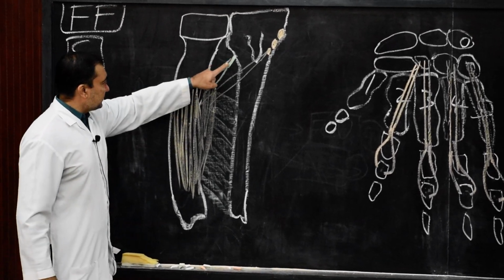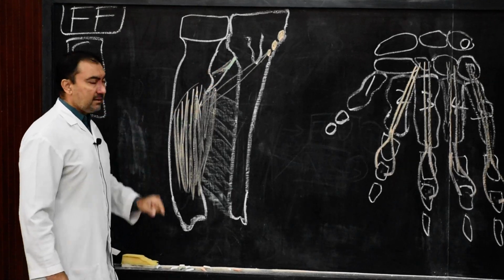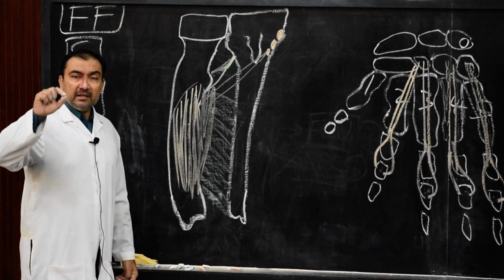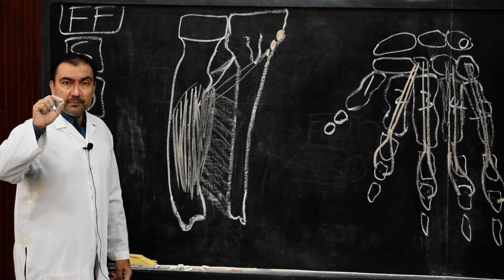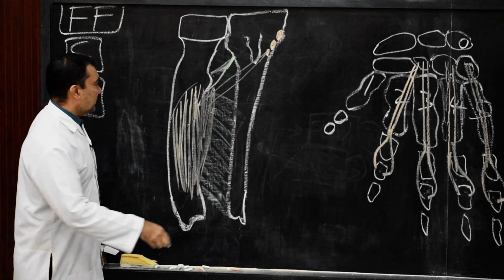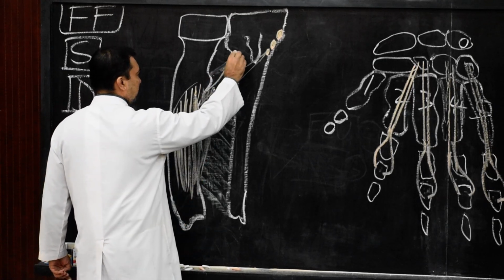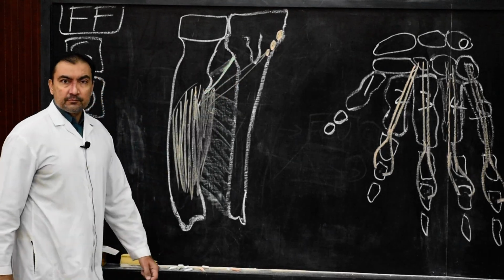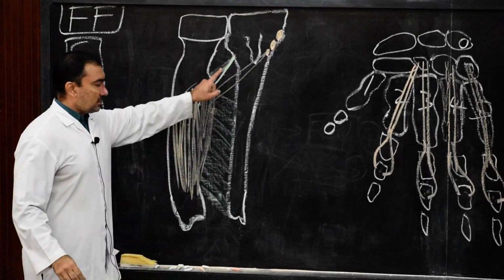The oblique cord which is present between radius and ulna is nothing but a degenerated segment of flexor pollicis longus. So here if I draw this oblique cord, it will be like this. Very simple, oblique cord.